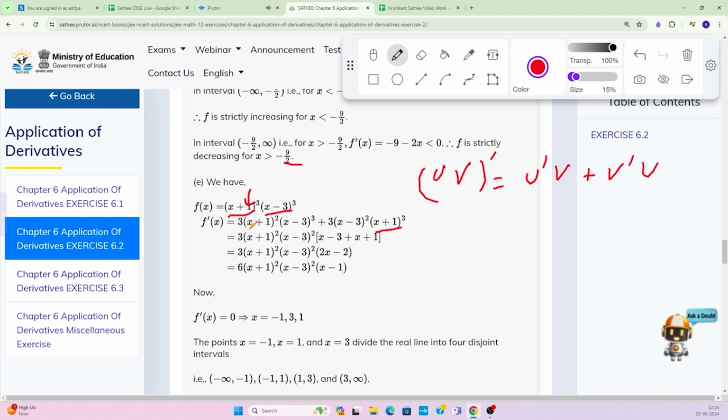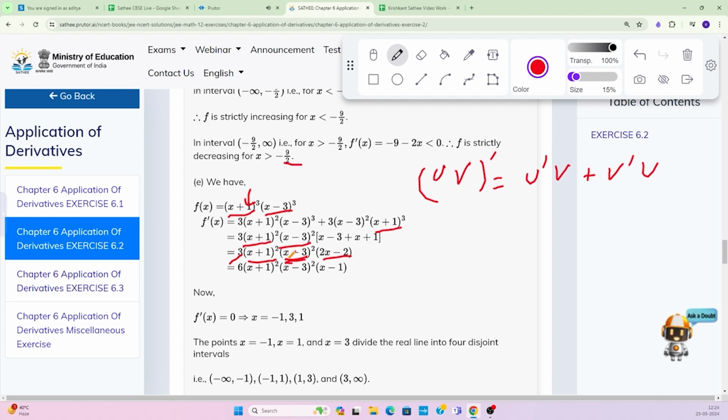What things can you take? The (x plus 1) whole square and the (x minus 3) whole square. So you will have this as common. Now the inside thing will be 2x minus 2. As one thing is clear, 3 is positive, (x plus 1) whole square output will also be positive, (x minus 3) whole square output will also be positive.